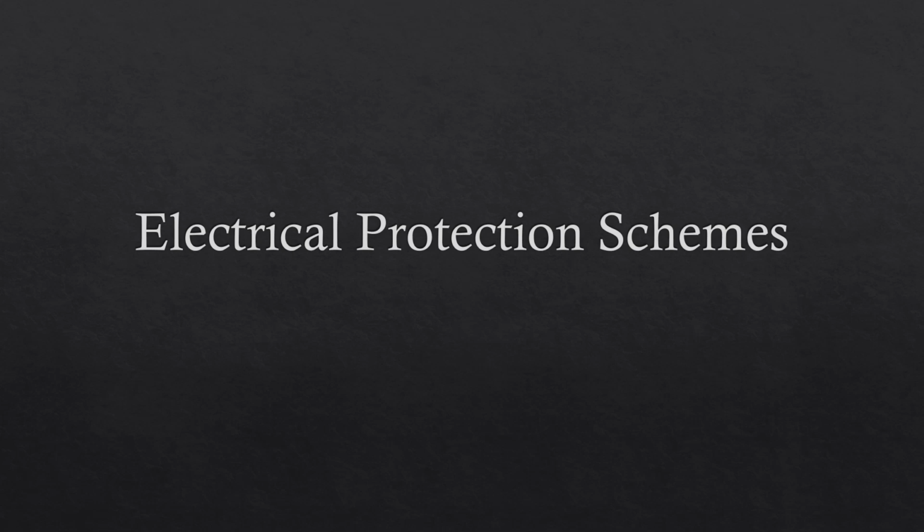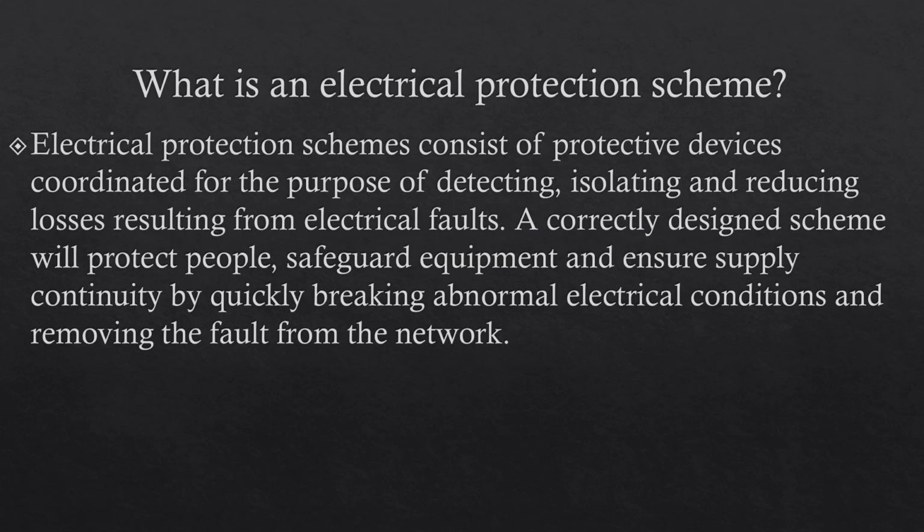So, to begin with, we have electrical protection schemes. An electrical protection scheme consists of protective devices, circuit breakers, relays to activate those circuit breakers, fuses to detect overcurrents and short circuits and break them in a fast period of time. And each of those has different complications on your design.